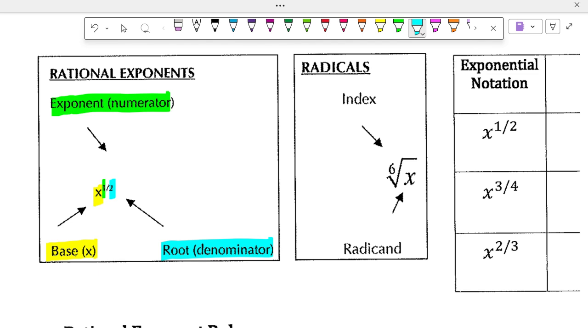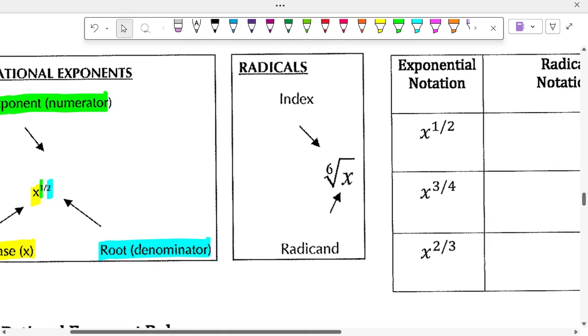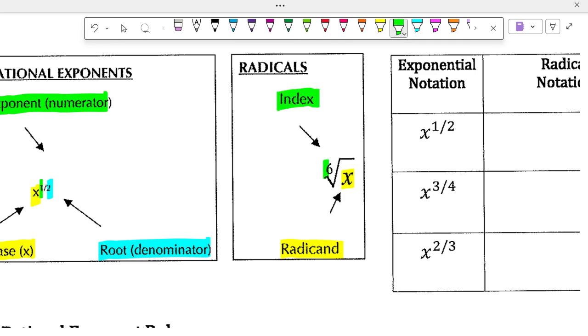Now, if we're talking radical, a little bit of vocabulary here. The radicand is the value underneath the radical. So if I ever say the word radicand, I mean the value underneath the radical. The index is whatever the type of radical is. In this case, the index is 6 because it's a 6th root.